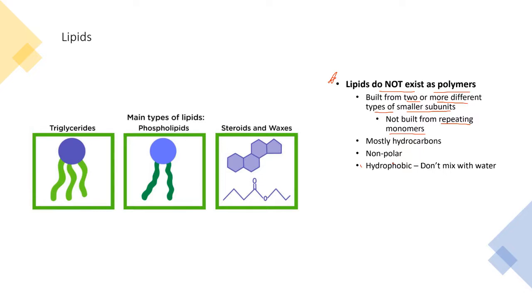But that's not really the case with lipids. However, lipids are mostly made of hydrocarbons. Remember, when I was talking about hydrocarbons, I told you that fats have a lot of it. Lipids have a lot of these things. Let me draw you something here really quick. This is an example of a hydrocarbon. I'm going to put dot, dot, dot because it continues. Hydrocarbon means it's a molecule that has carbon, hydrogen, carbon, hydrogen, carbon, hydrogen.